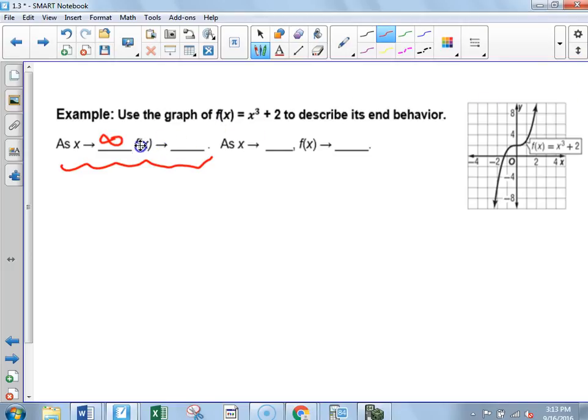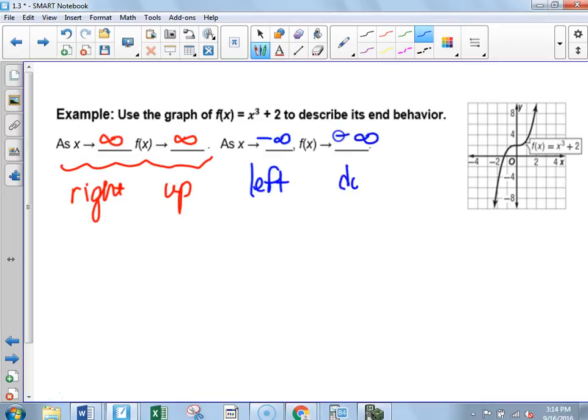Going up. So that means y is approaching positive infinity as well. So she said, I want to do the right one first, and it's going up. What do we have to pick for this x then? You need to tell me the left end, and this particular graph, the left end is doing what? So we have negative infinity, down.